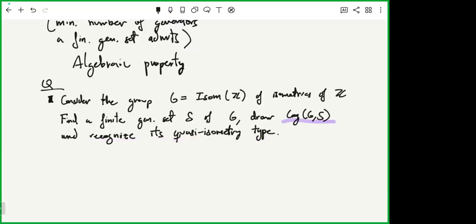This is called the infinite dihedral group. I think it's already time, so if there are no questions, we can stop here.